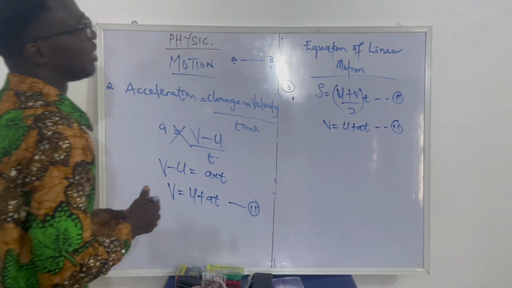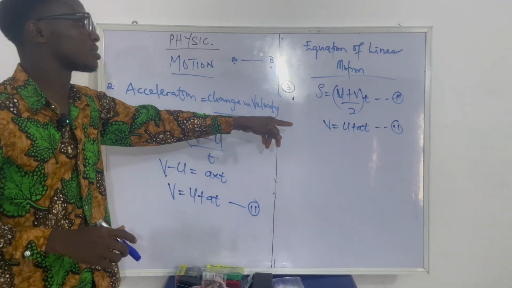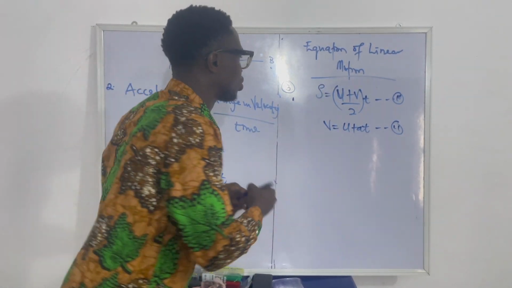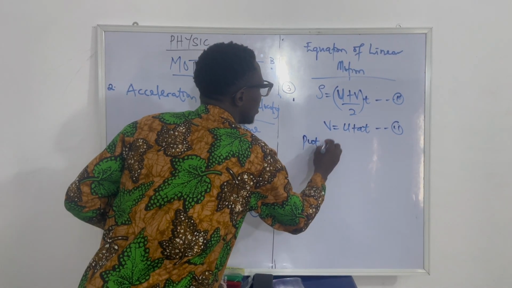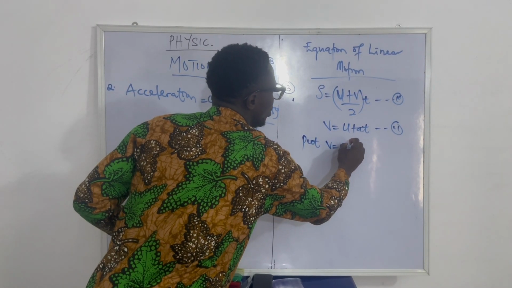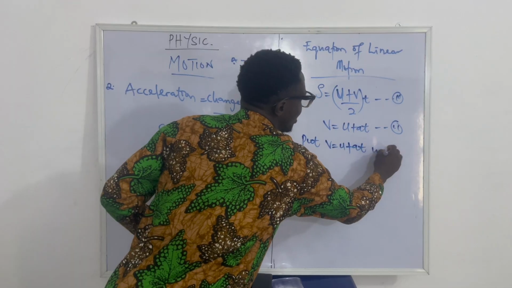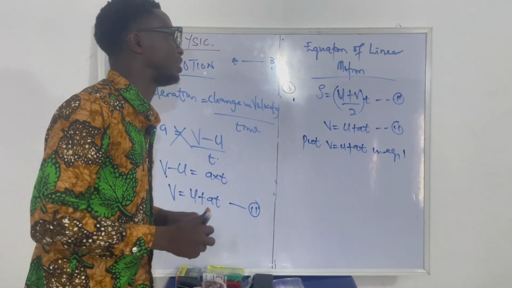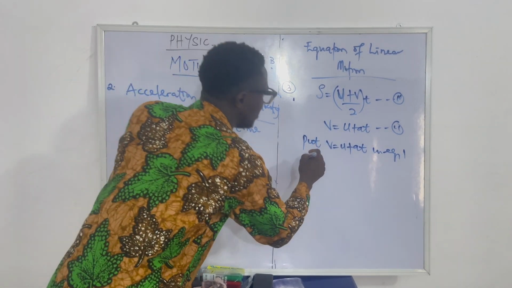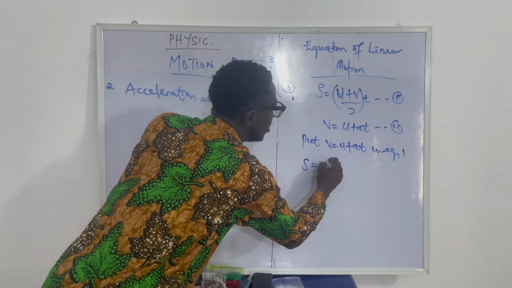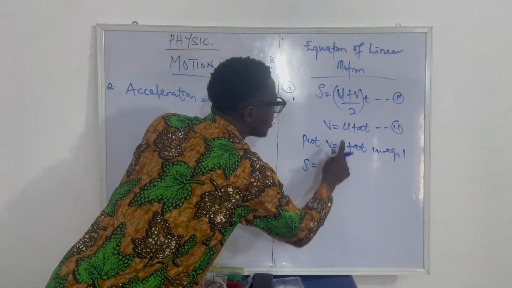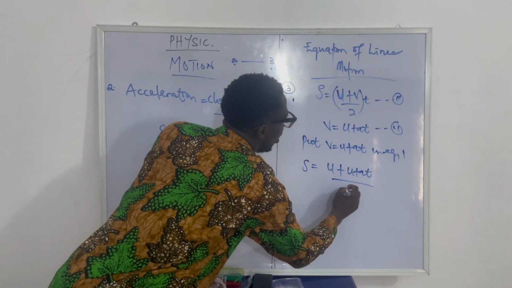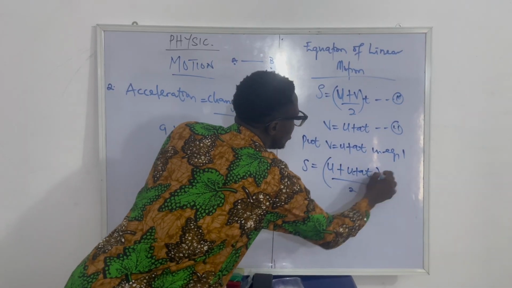Now, we can put the value of v from equation 2 into equation 1. Whenever you see v in equation 1, you put u plus at. So x equals (u plus (u plus at)) all divided by 2.